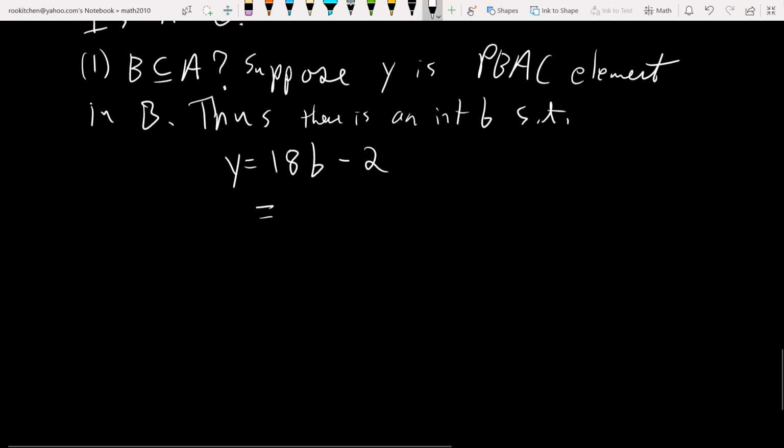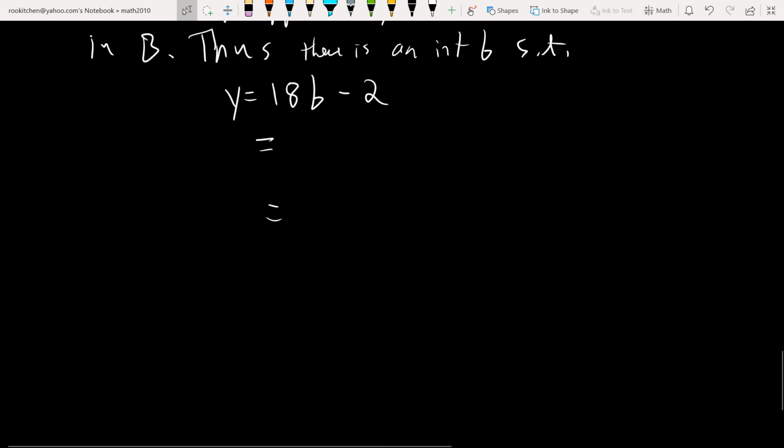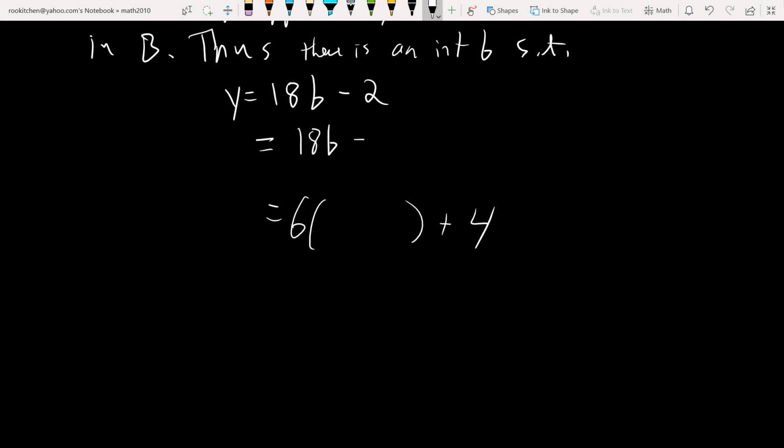I want, for this to be in A, it has to be 6 times something plus 4, right? So 6 times something plus 4. All right, so how is that possible? So if you go 18b, and then I think if we subtract away 6 and then add 6, that'll do it, right? And then minus the 2.